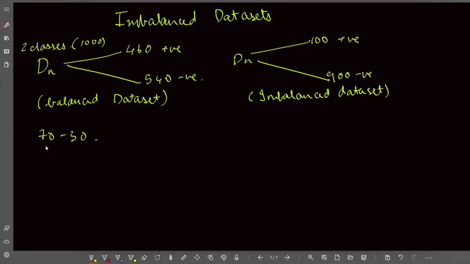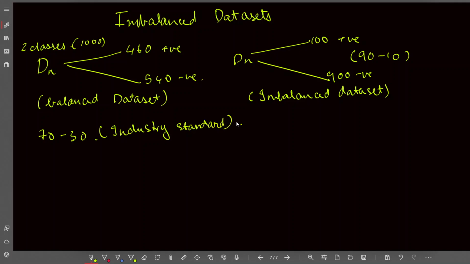That means if you have more than 70% of the points in one class and less than 30% in the other class, it would be considered an imbalanced dataset. Over here, the difference is almost 90/10, so this is an imbalanced dataset. That's usually what's followed in the industry.